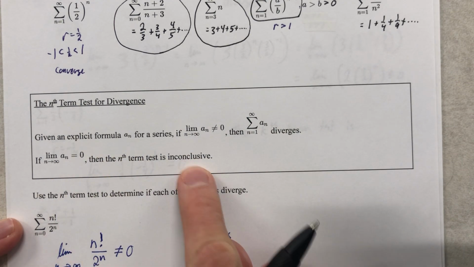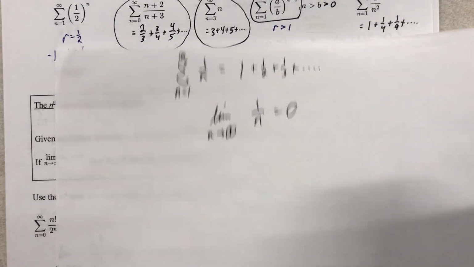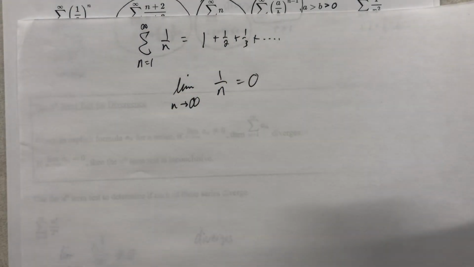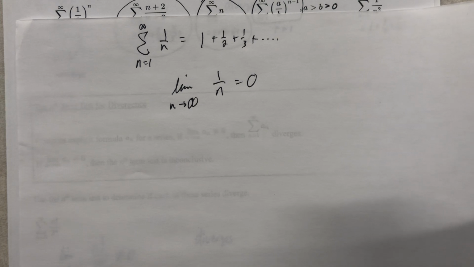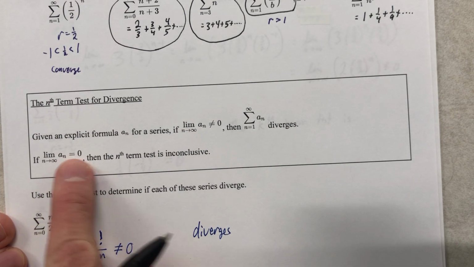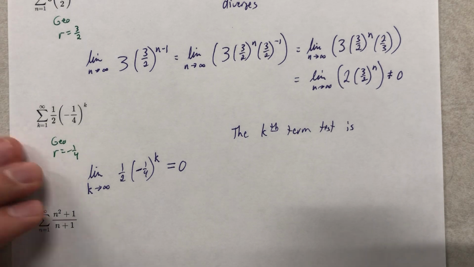If it does equal 0, then I couldn't say either way, because there are some series where the terms approach 0, but they actually would diverge. So there are exceptions to this where you would say, oh, if it equals 0, it's going to be convergent. Not necessarily. All right, there. Said it again.